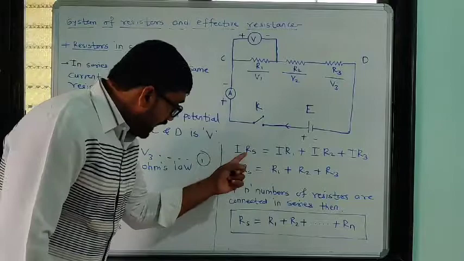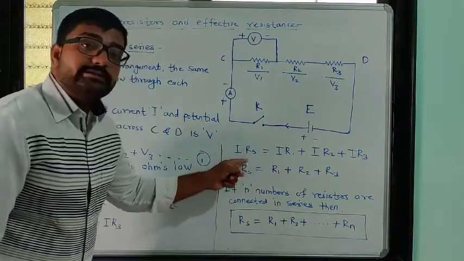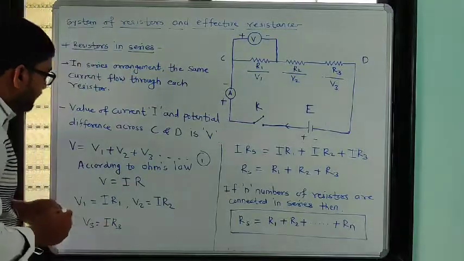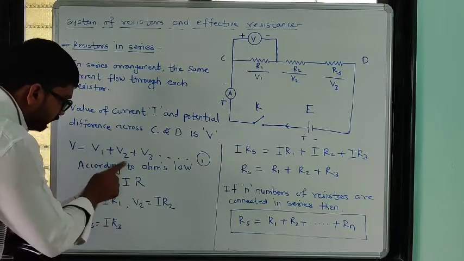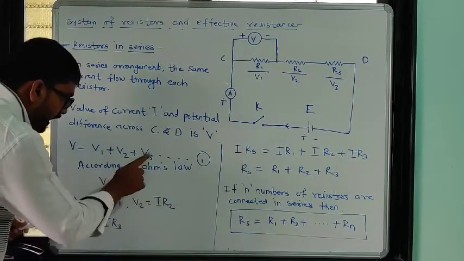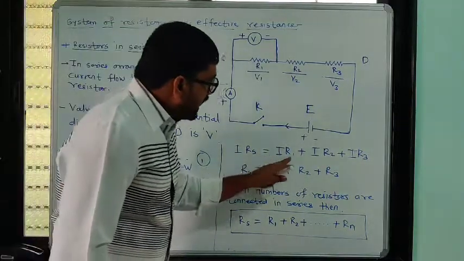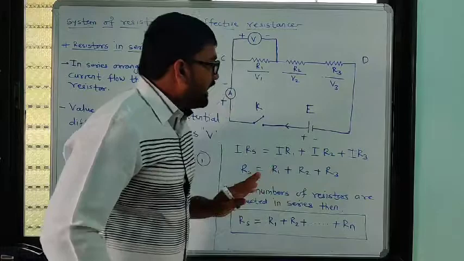RS means resistance in series. So IRS will be equal to V1 plus V2 plus V3, which is IR1 plus IR2 plus IR3.